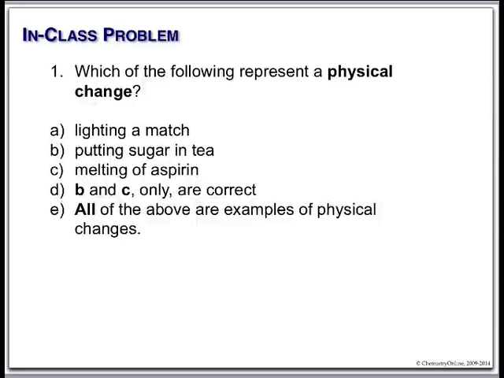Putting sugar in tea. The sugar dissolves in the tea, doesn't it? But you could remove the water and the tea and get your sugar back, couldn't you? So that's physical. Melting of aspirin. Yes, aspirin is a real chemical compound and it melts. That's a unique melting point. That's physical. B and C are the correct answers.